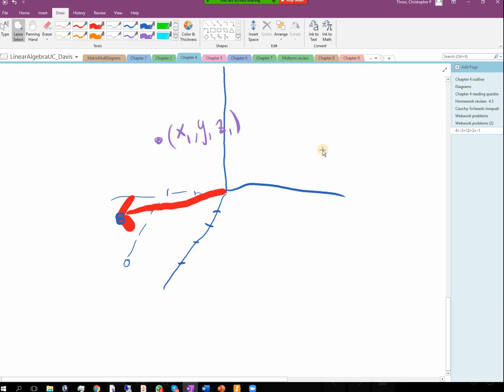Now, I want to describe where x2, y2, z2 could be. The point is that if I have x2, y2, z2, then the difference vector must be perpendicular to this red vector.